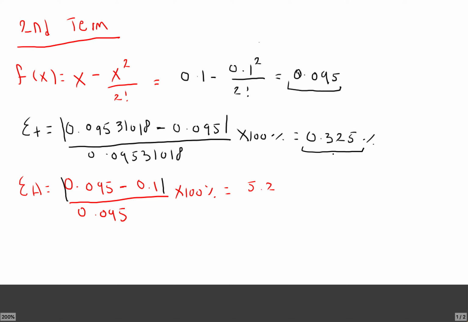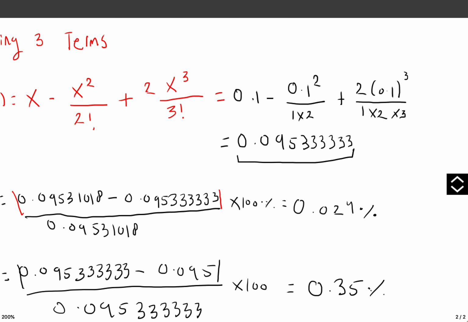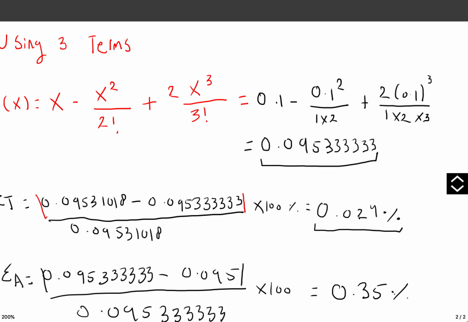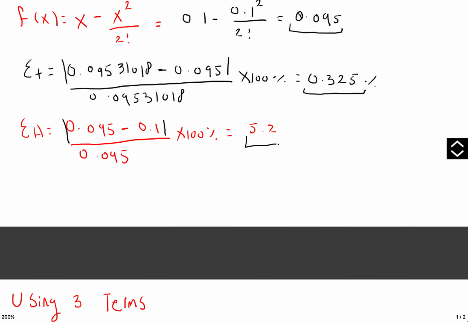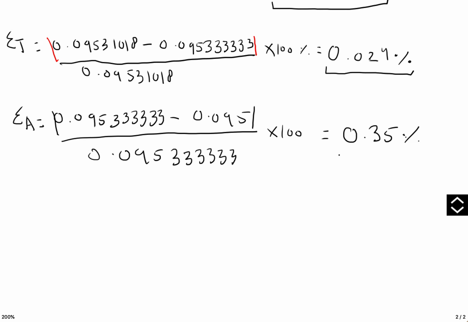Before I show you the third term, keep in mind that the whole purpose of this is the more terms you use, the smaller your difference is going to get. If we look at the third term, we got 0.024, which is less than 0.325. And the same thing is happening for your EA. Your EA is going to keep getting smaller. So this is when you know you're really doing these questions right.